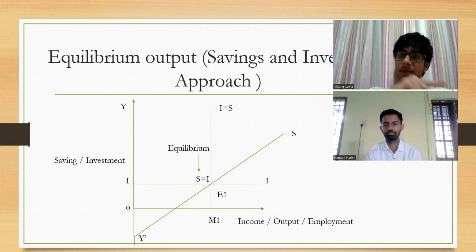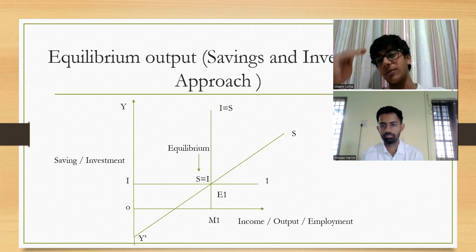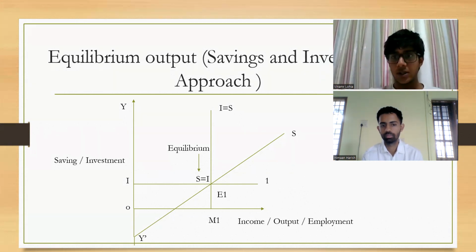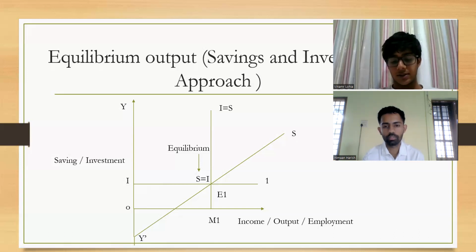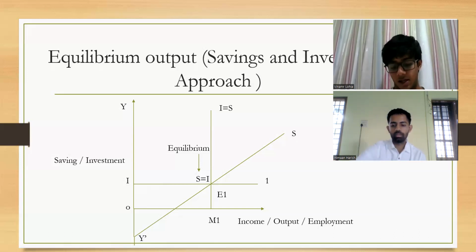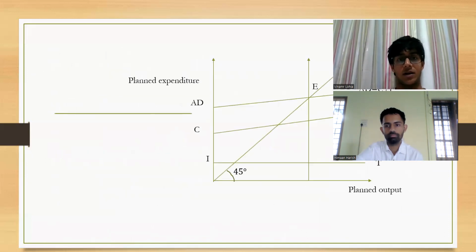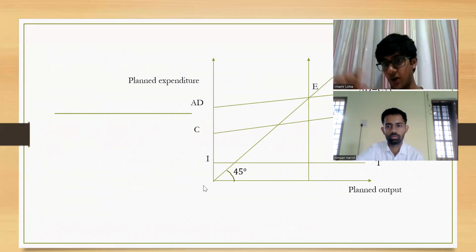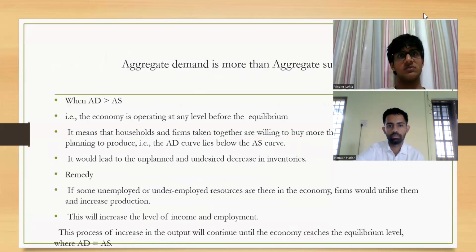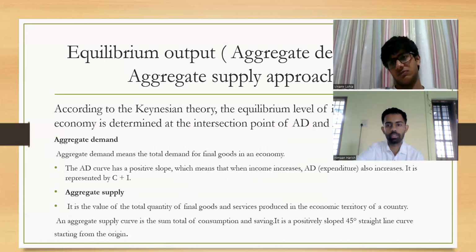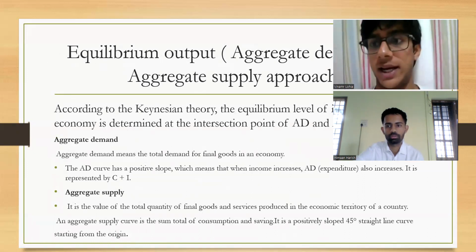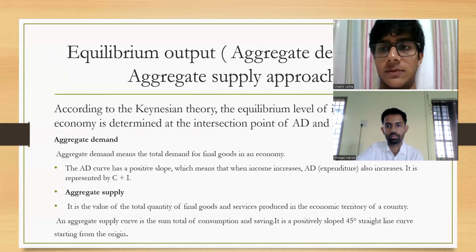And what is the name of the graph that starts at origin, the one I drew? The one which starts at the origin is known as the marginal propensity to consume. Not this one, the next one. What is this graph called? This is the equilibrium output or the ADAS approach. ADAS approach. Yes. Good.